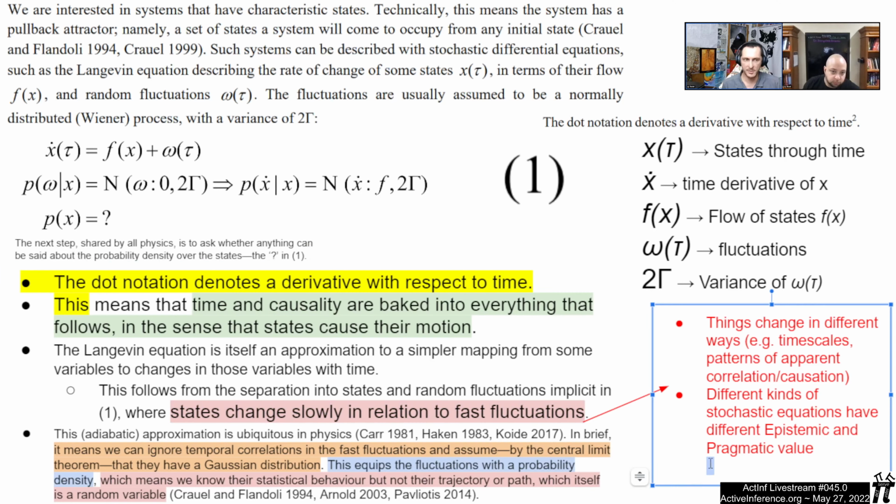There are some more details, but things are changing in different ways. Different kinds of stochastic equations are going to be presented here, in the book, and in the citations. They help us see different parts of how we can use dynamical models to understand physics, and specifically the physics of particular cognitive or sentient systems.